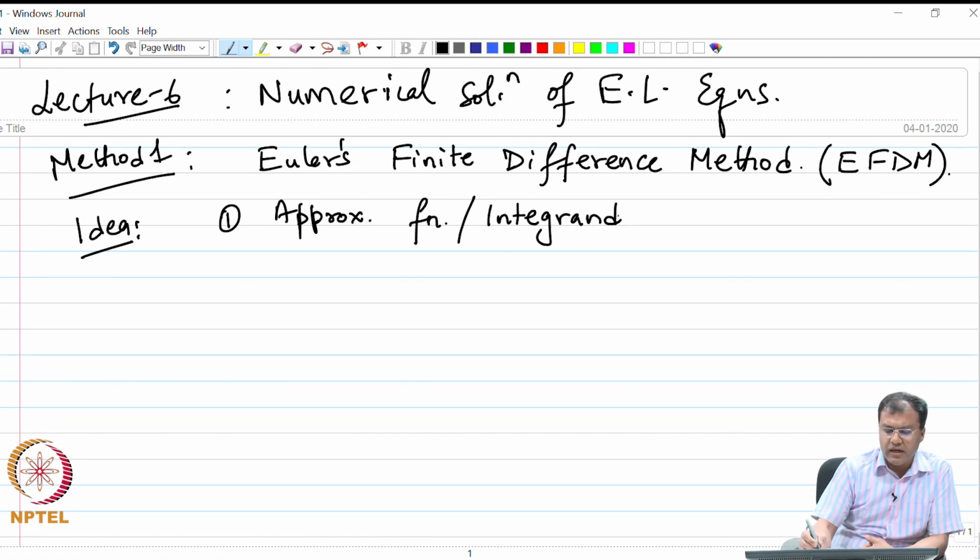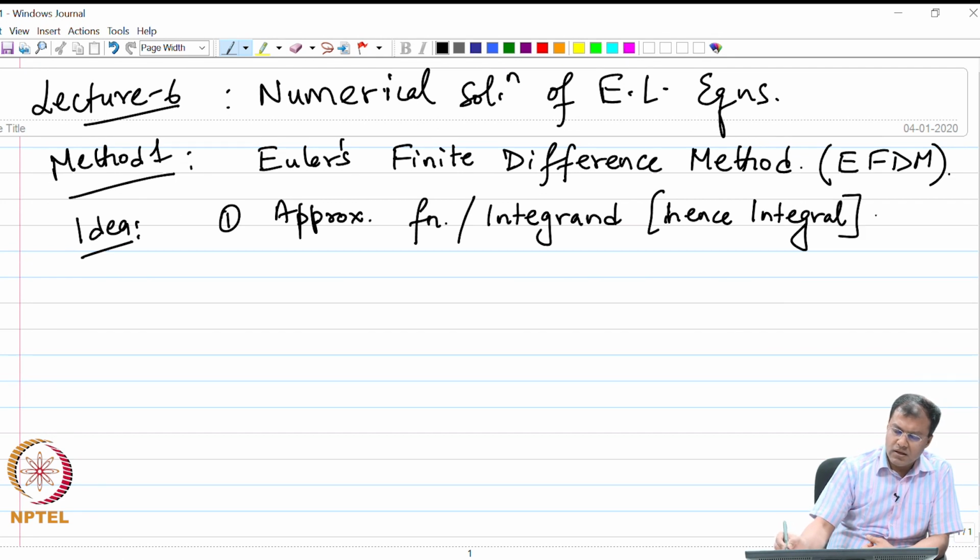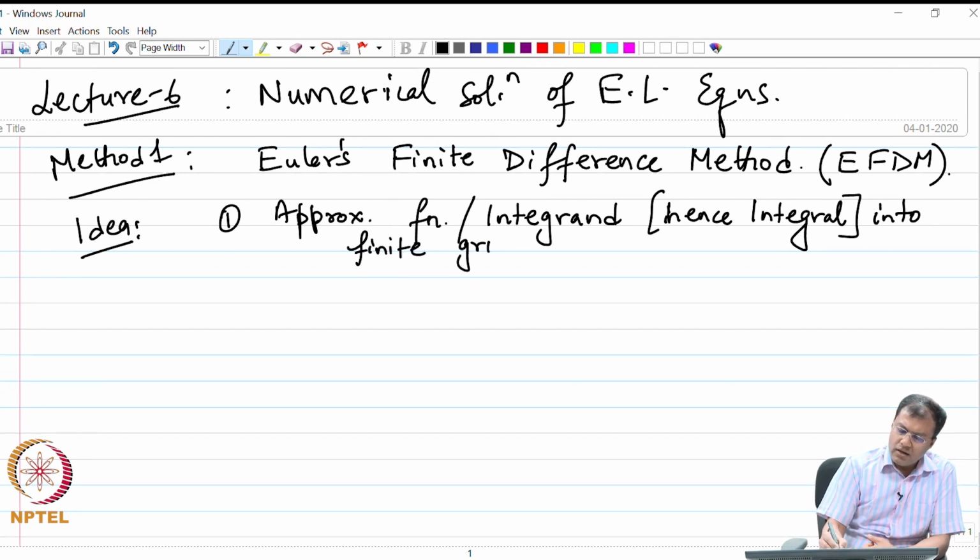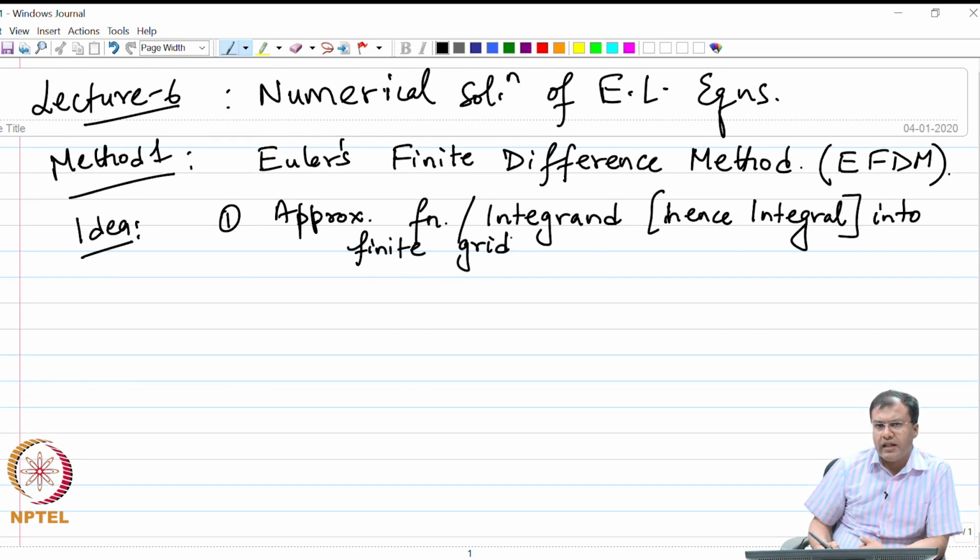So, we approximate the integrand and hence the integral into finite grid points, right. So, instead of finding the optimum function of an integral, we are now going to find the optimum value of a summation. So, the integral in the functional changes to a summation over the particular set of grid points.